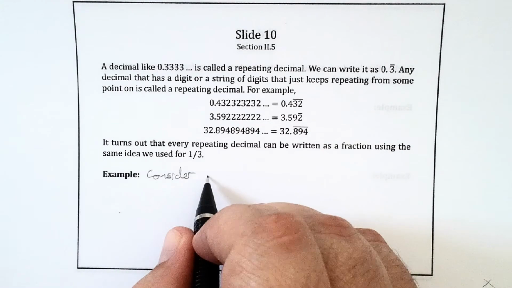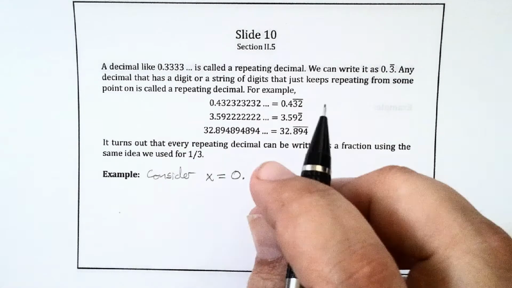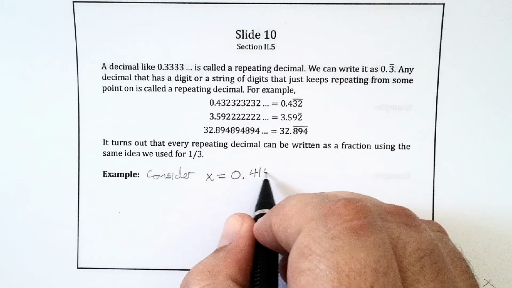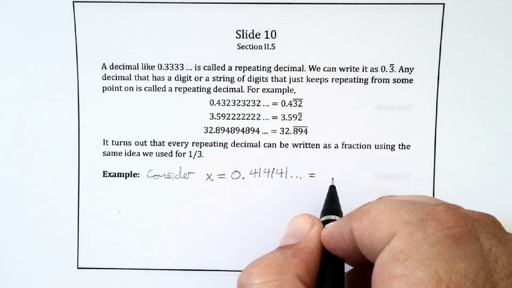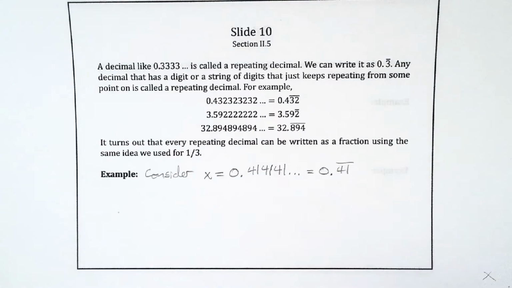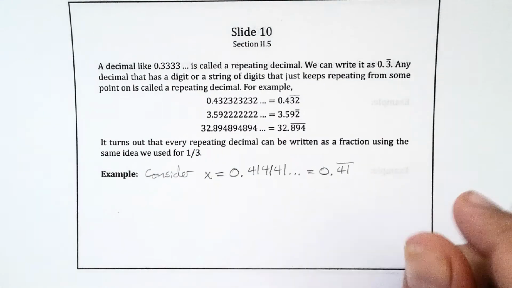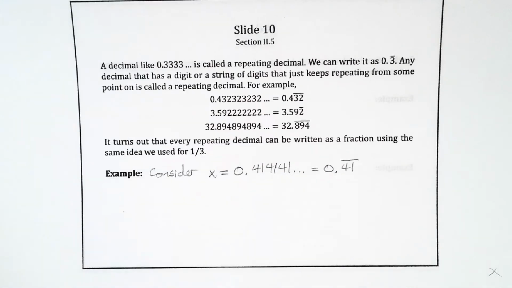Let's consider the number x equals 0.414141 and so on, or 0.41 with the bar over the 41. I just made that up off the top of my head. The idea is to take powers of 10 times this x so that when we subtract, the decimal part cancels out.